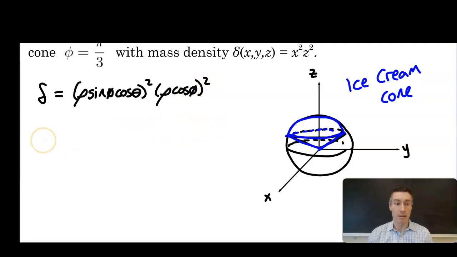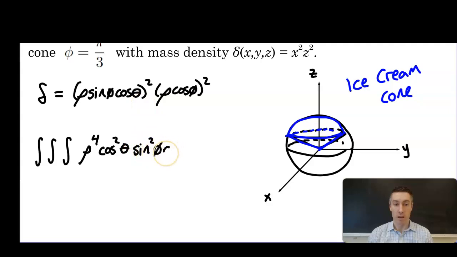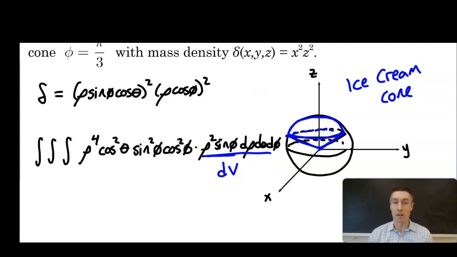So now we can set up our triple integral to find the mass. Cleaning that up, that's going to be rho to the 4th, and then cos squared theta, changing the order slightly, sine squared phi cos squared phi, times rho squared sine phi d rho d theta d phi. That's our dV right here.